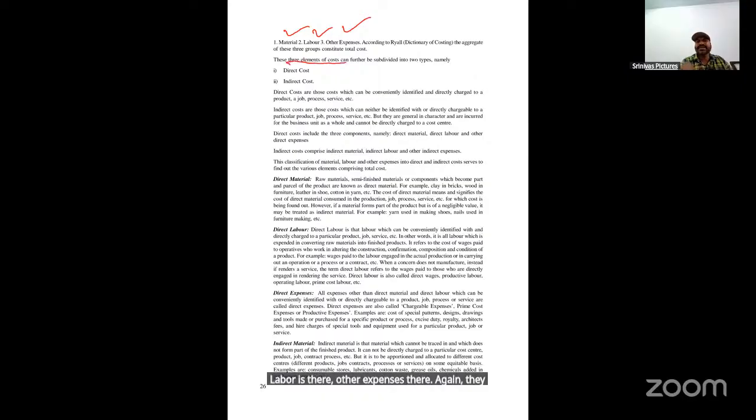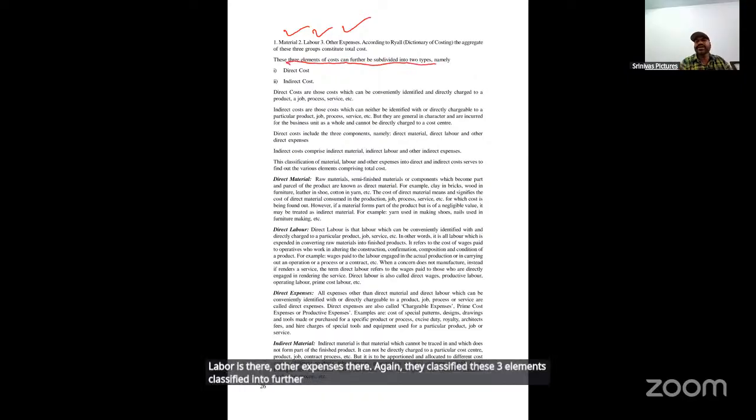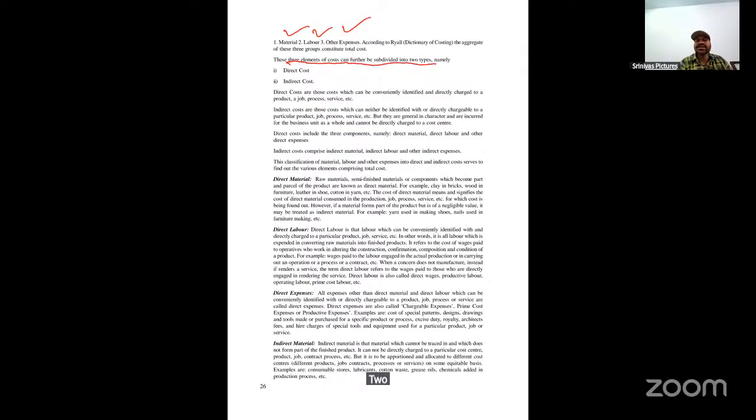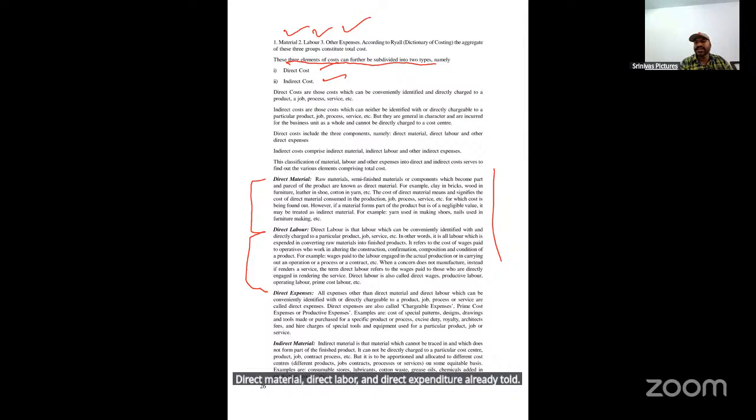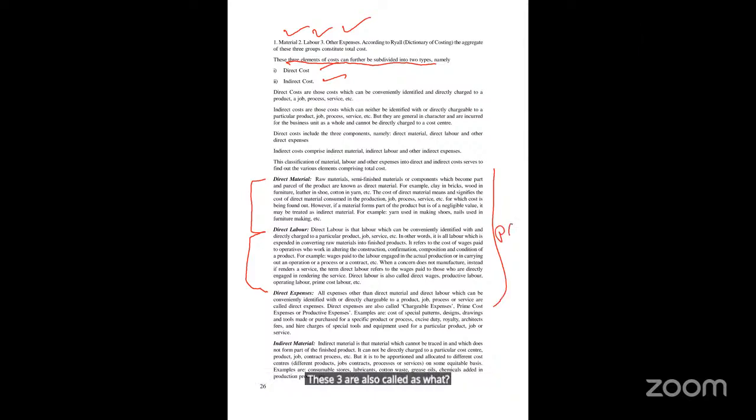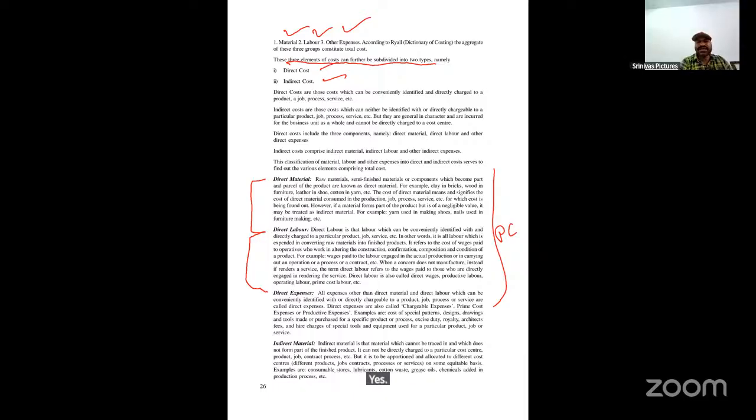These three elements are further subdivided into two types, direct cost and indirect cost. Direct cost is direct material, direct labor, and direct expenditure. These three are also called prime cost. Next to direct cost comes indirect cost. Other than direct material, direct labor, and direct expenditure, all the remaining are indirect expenditure.